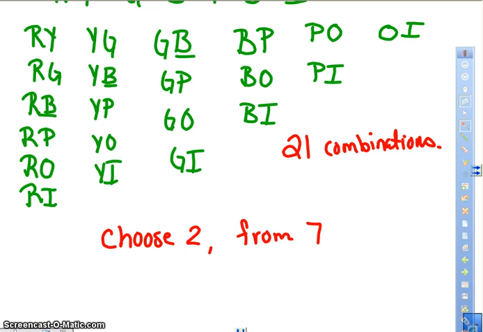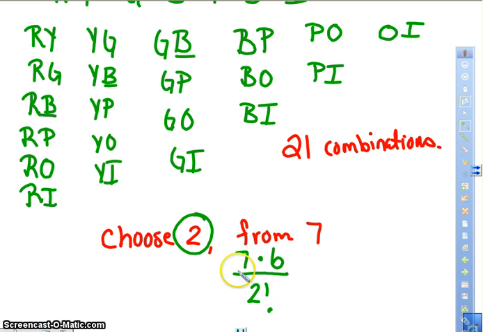It's kind of like a permutation: 7 to choose from for the first color, 6 to choose from for the second color. But different from a permutation, I'm going to remove the numbers that I do not need. Since I'm choosing 2, I'm going to divide by 2 factorial.